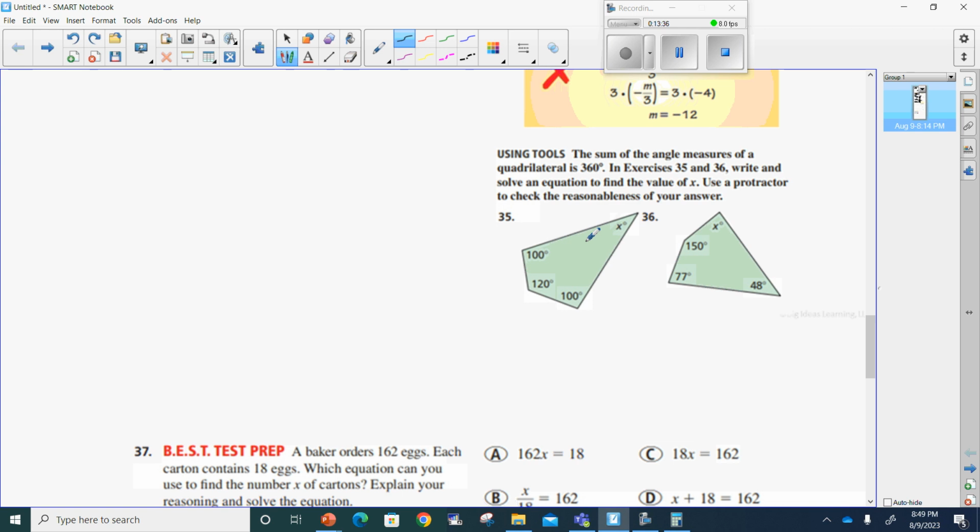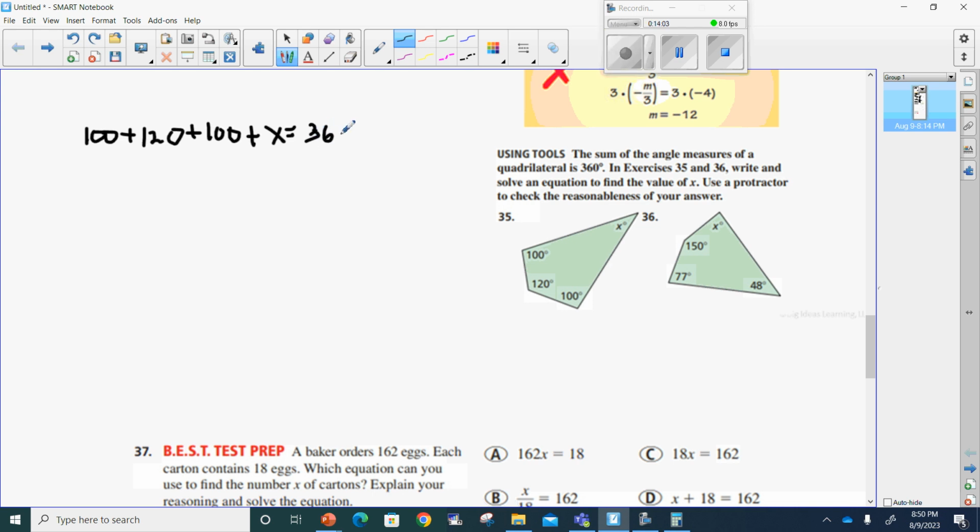We don't really need to check the reasonableness because remember, it told us everything equals 360. So really, this is 100, because that's what that one angle is, added to 120. That's the other angle. And then we're going to add that to 100 again. That's the other angle. And then we have to add that to x. And all that has to equal 360.